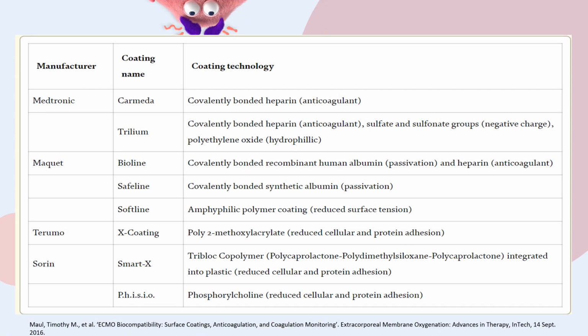As we mentioned before, the start of thrombus formation depends on adsorption of plasma protein to the ECMO circuit. So the concept of pre-coating or surface modification by the manufacturer was developed. Some of the circuits are heparin coated, and some have started to use phosphorylcholine.